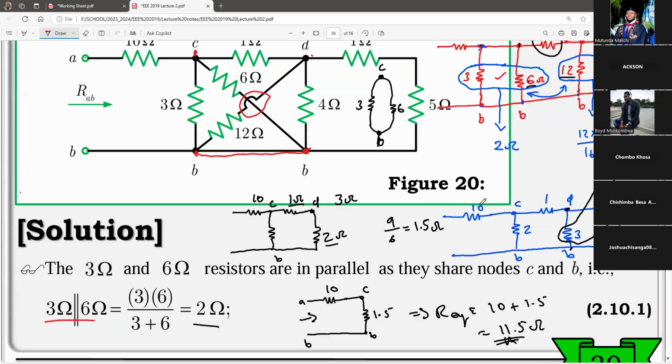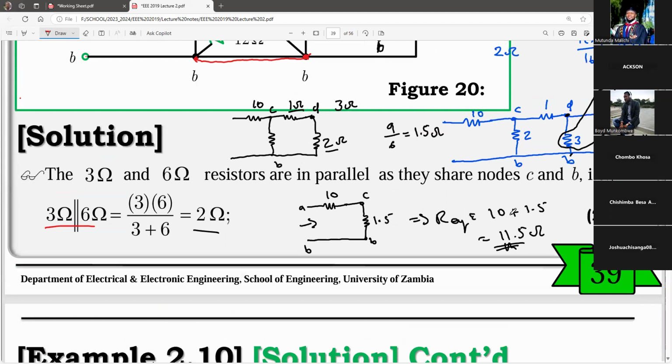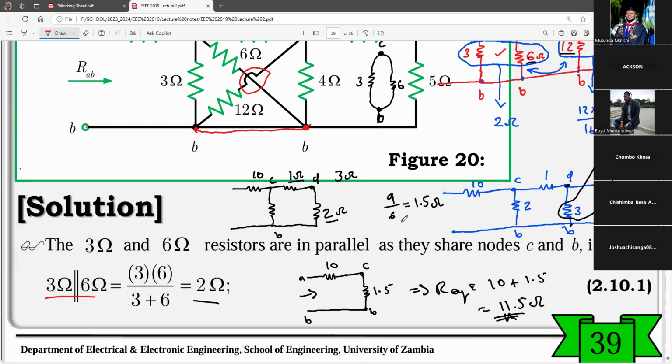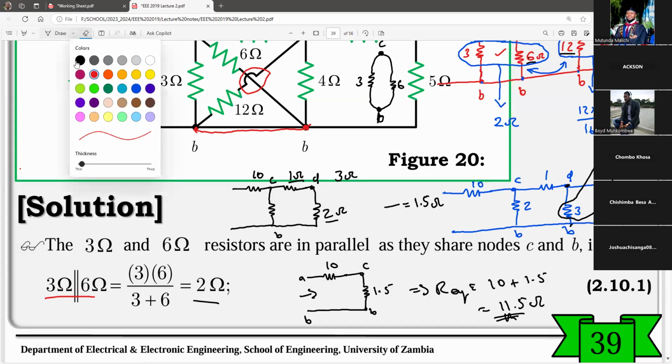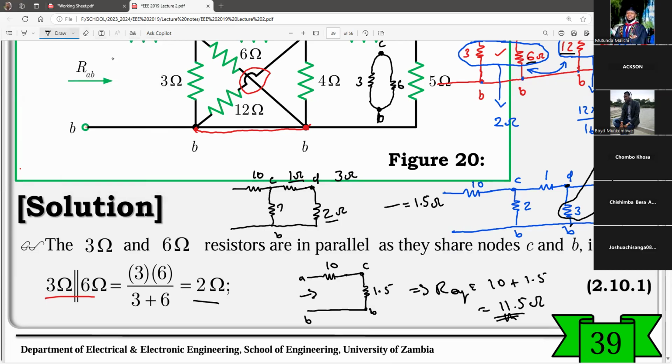Where did the 1.5 come from? Oh, okay, I get it. This is where we had made a mistake. I think I forgot to write, this one is 2 here. I assumed it's 3. So this is a 2 ohm as the equivalent of 3 and 6.